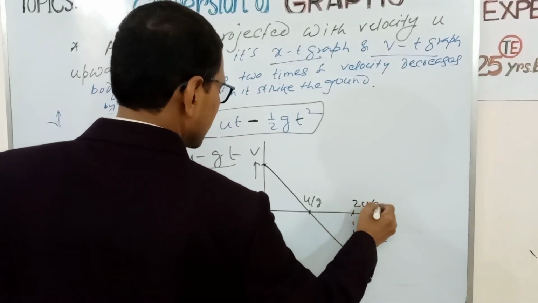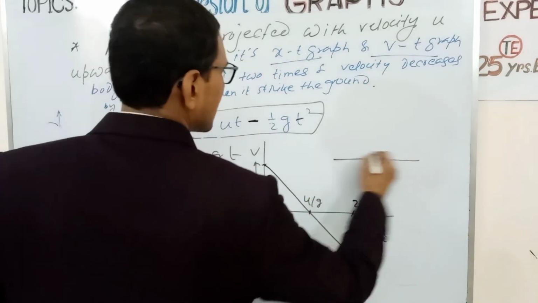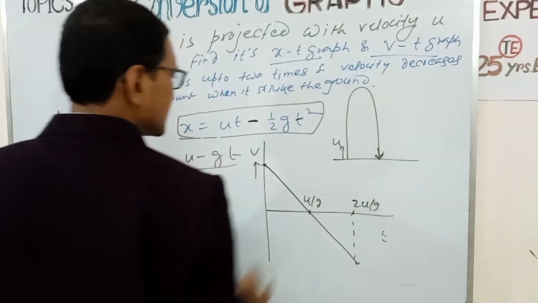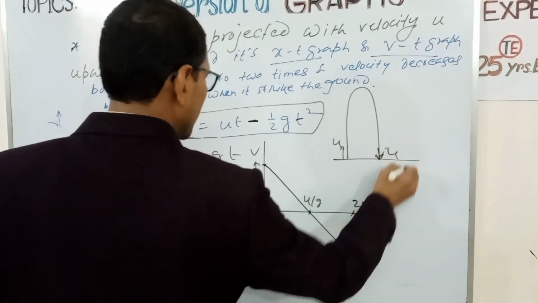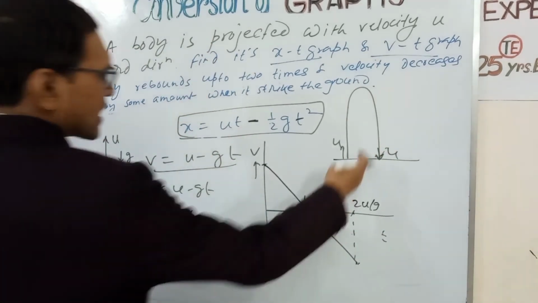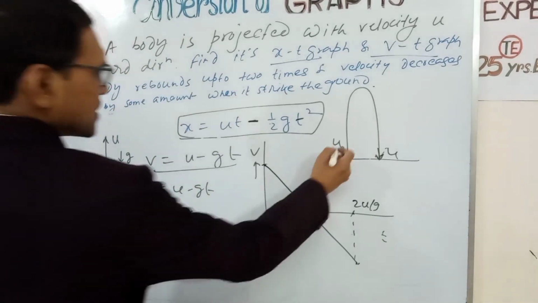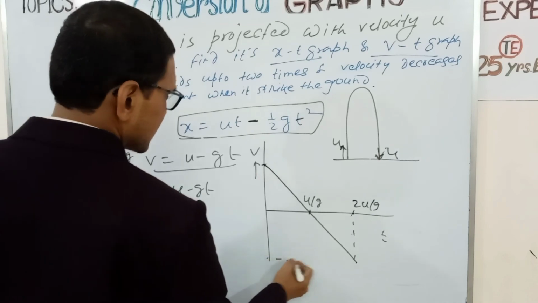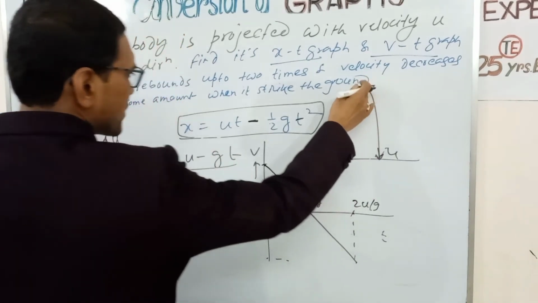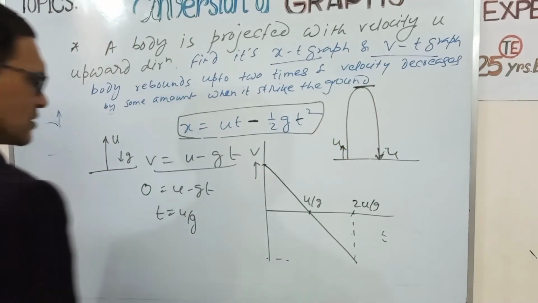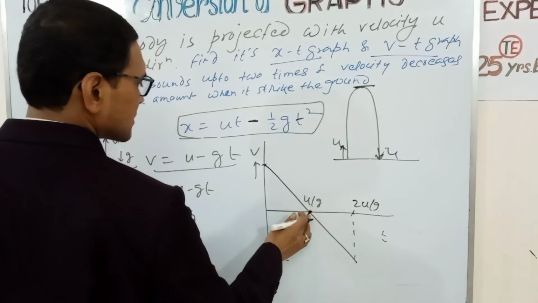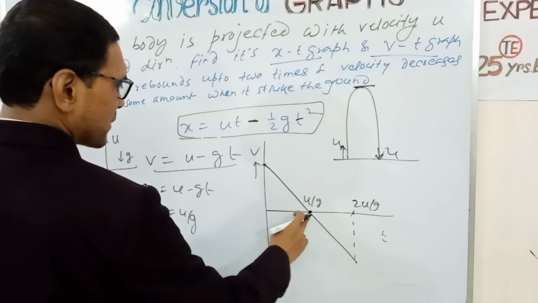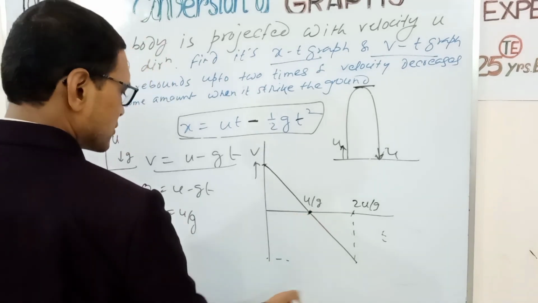When it strikes the ground the velocity remains the same, but its direction is opposite. So after maximum height, at this time the body attains the maximum height, after this velocity is negative.